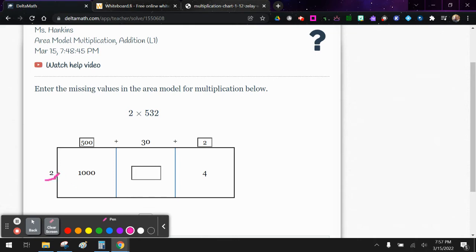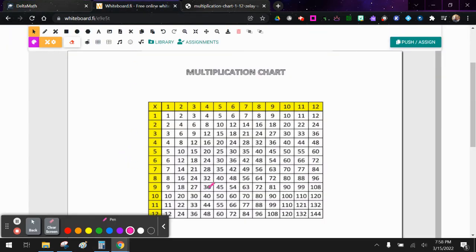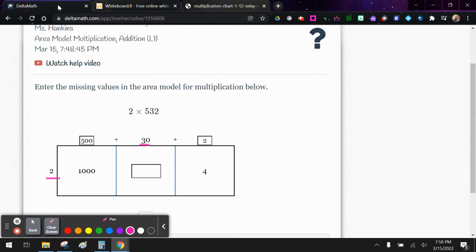Now we're going to multiply 2 times 30. If you're worried about 30, don't worry about it. Think about it as 2 times 3 first. If you're not sure, of course, you can go to your handy dandy multiplication chart. 2 times 3 gives you 6.